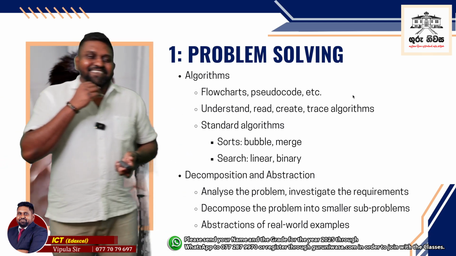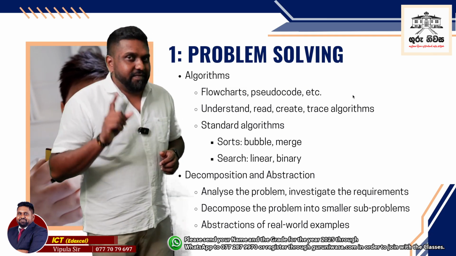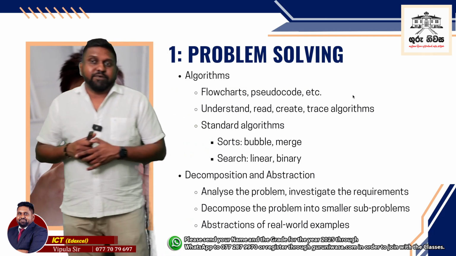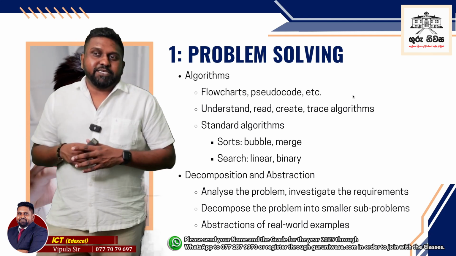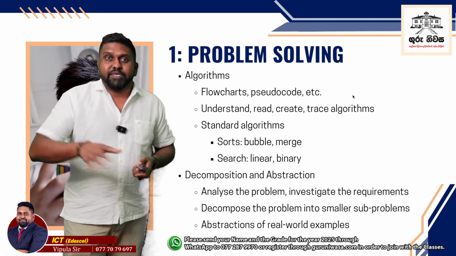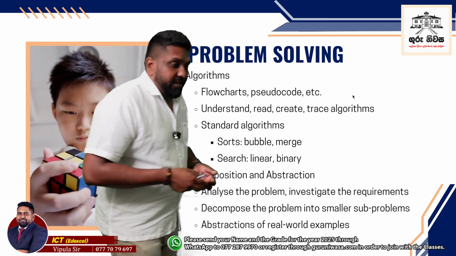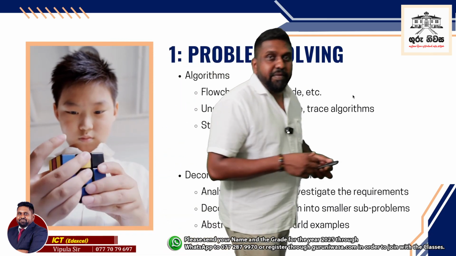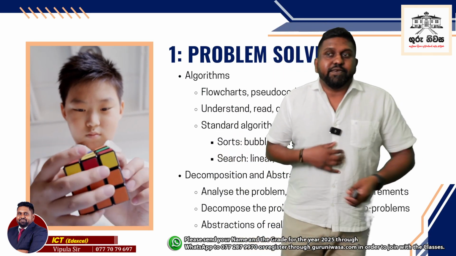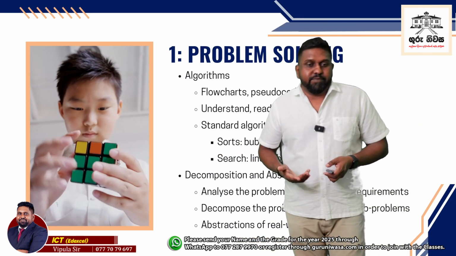Okay, so now once all these are done, we have another point where we talk about abstractions. You will understand abstractions very well once we jump into the module and start some coding. Abstraction basically means creating different models out of real world examples.